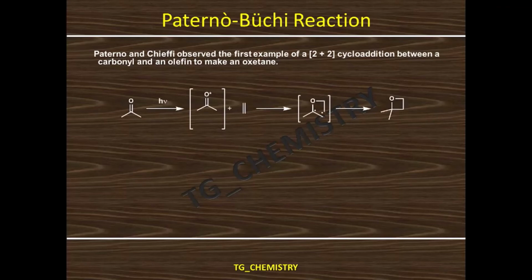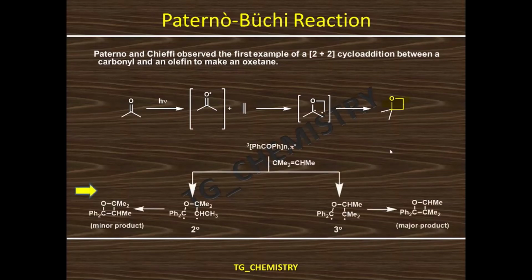Here is the simplest example, with acetone. When photo-irradiated, the molecule gets excited, and when it reacts with an olefin, it eventually ends up with an oxetane ring structure. So as you can see, the oxetane ring structure is the major product of the reaction of a carbonyl and an olefin.